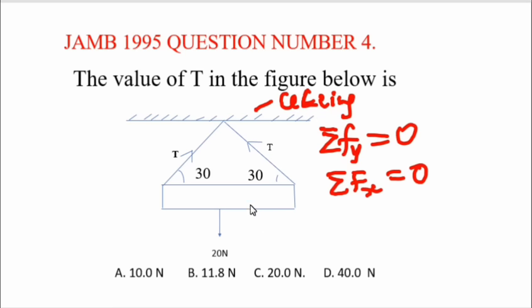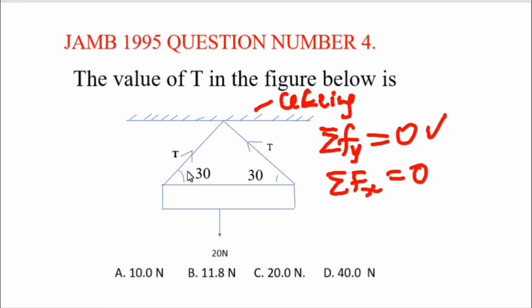For us to solve this problem, since this force is acting vertically, we are going to make use of the condition that the vector sum of the forces acting vertically should be zero. Meaning that the upward vertical force should equal the downward vertical force.